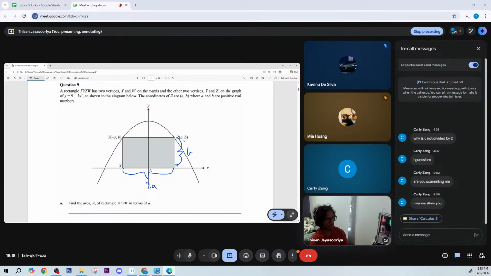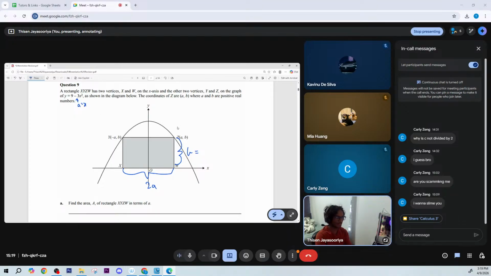How can I write it in terms of a? So here we're told the equation, right? We know that a equals x.